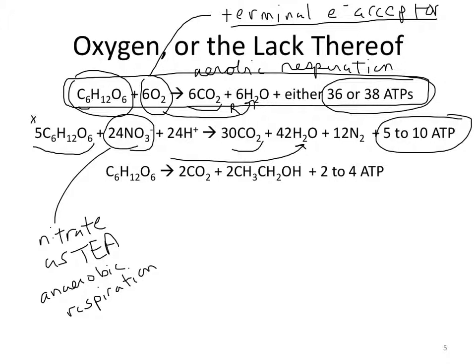Down here we have an equation that you should recognize. We discussed this in earlier freshman level biology classes. There's glucose, and it is being oxidized, and it is forming ethanol.